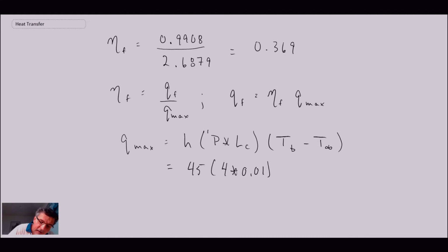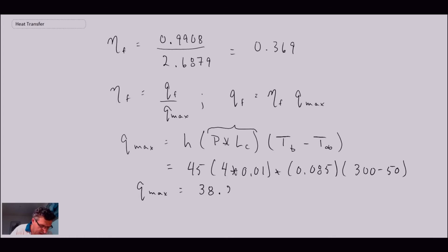And you'll notice here I used the corrected length, and so there we don't have to worry about the area of the tip itself because we've used the corrected length. So from that we get the maximum heat transfer.